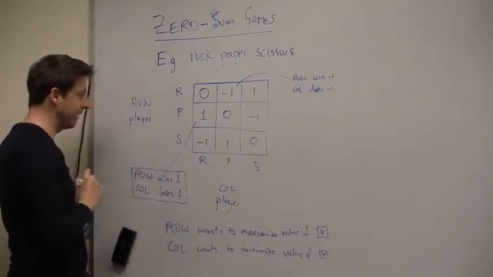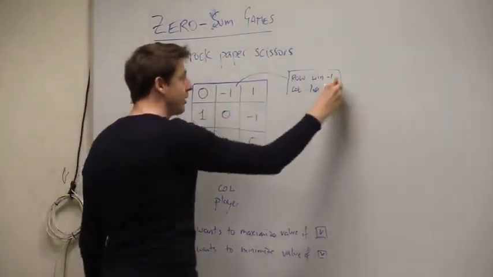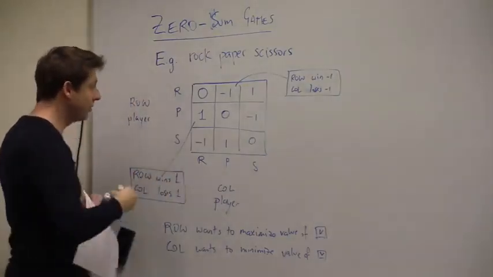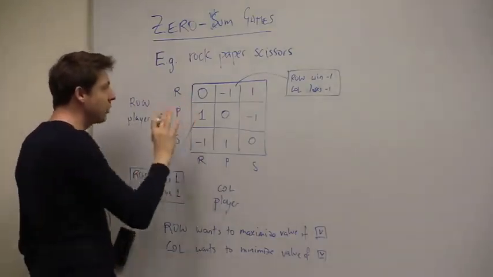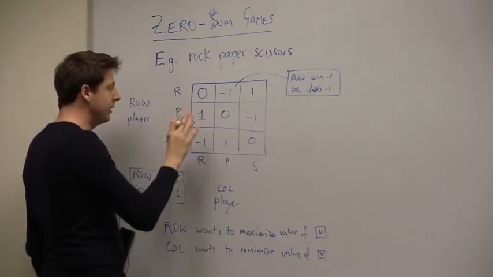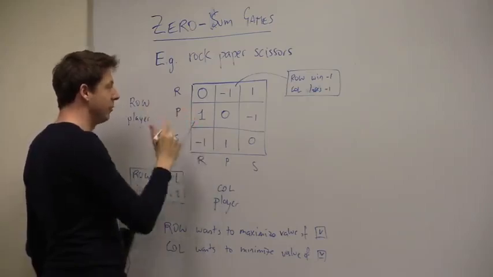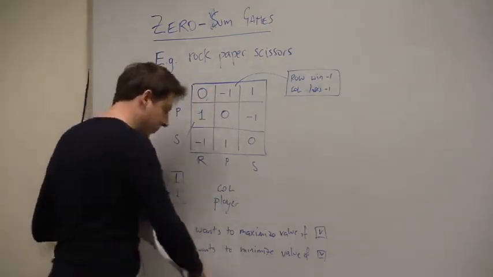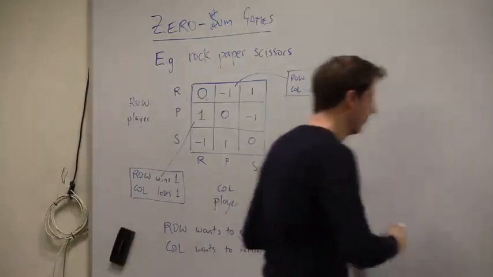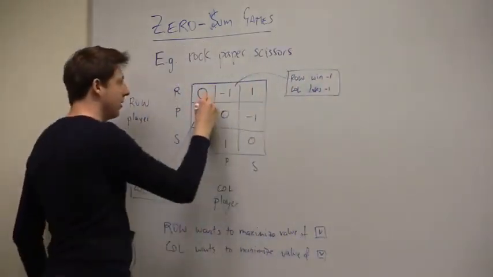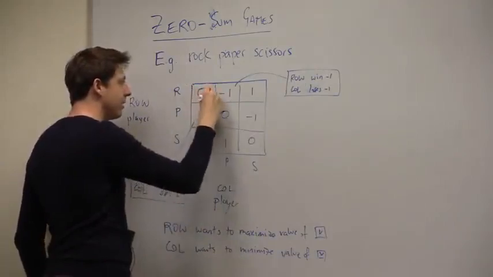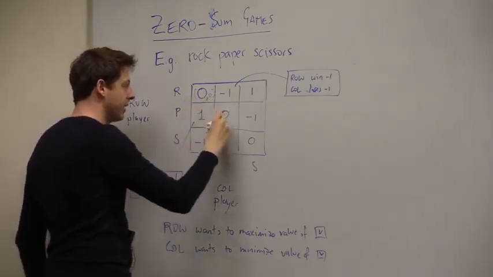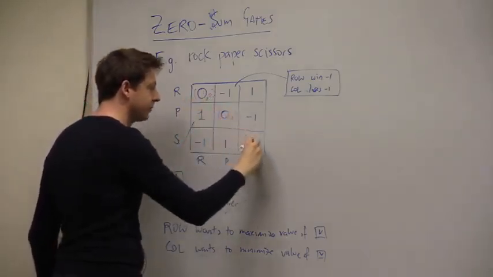The reason why these games are called zero-sum is because we have this condition that every unit that the row player wins, it's a loss to the other player. So implicitly, what we're not writing is that in each cell we could have written the winnings of both players. Here we're imagining that there is a pair here, 0, 0, where 0 is for the row player and 0 for the column player, 0, 0, 0, 0.